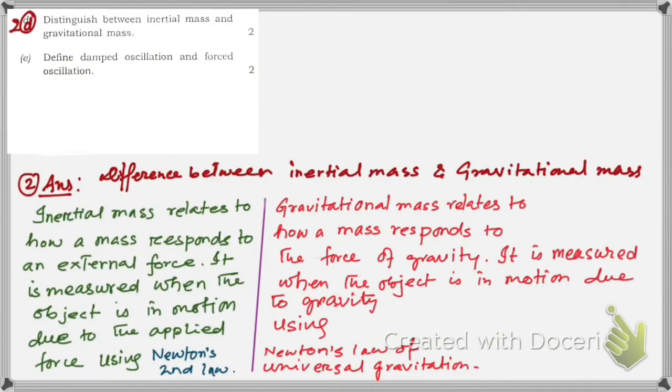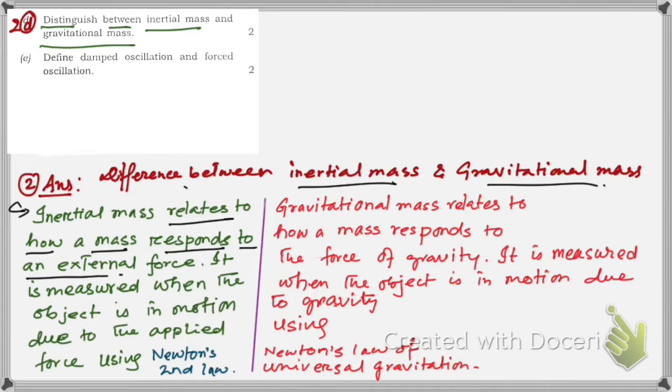Here is question number 2D. Distinguish between inertial mass and gravitational mass. These are the differences I have written here. Inertial mass relates to how a mass responds to an external force.